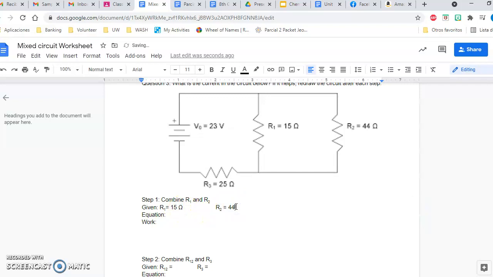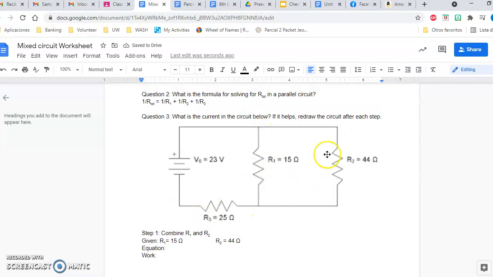Our second resistance is 44 ohms. Since these are in parallel, we use the parallel equation, except I'm going to call it R12 instead of R total, because we aren't using all of our resistors, so we can't call it R total. Since we're combining R1 and R2, I'll call it R12.